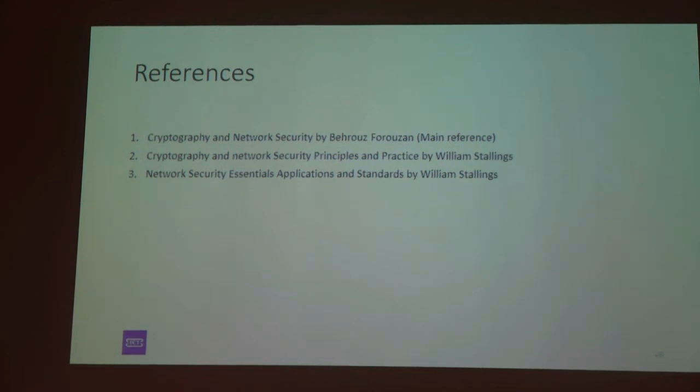You have the basics of encryption, and the basics of good math. Then you learn how you use encryption for confidentiality, for integrity, and for availability. Then you learn about authentication and authorization, and then the application level, transport level, and network level.